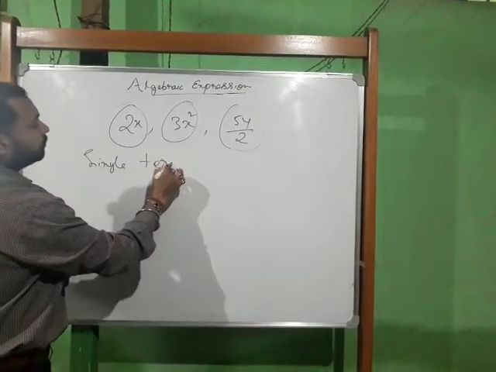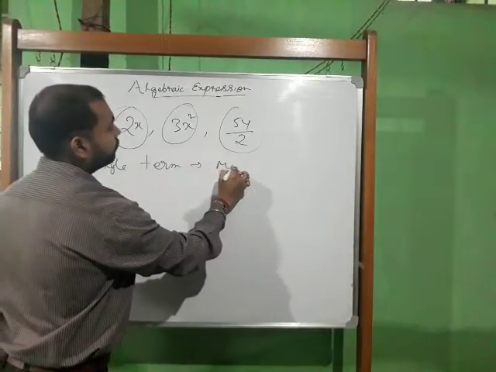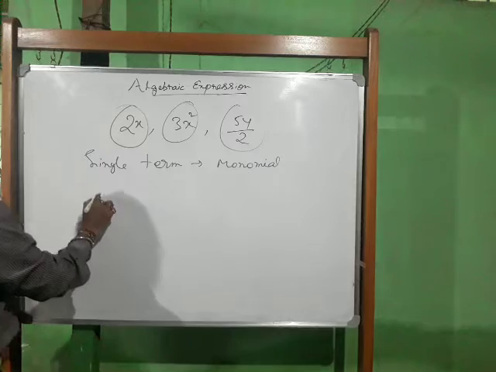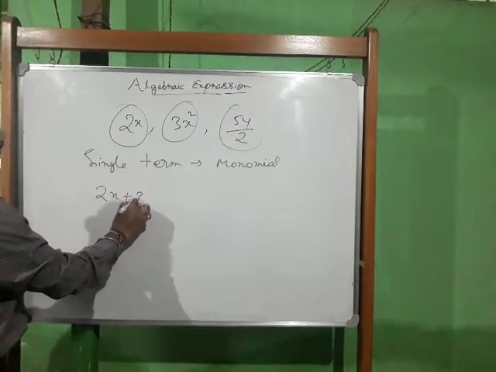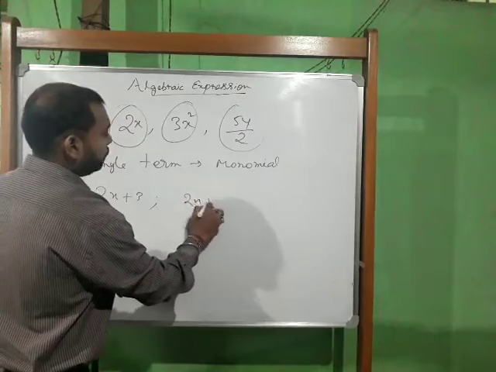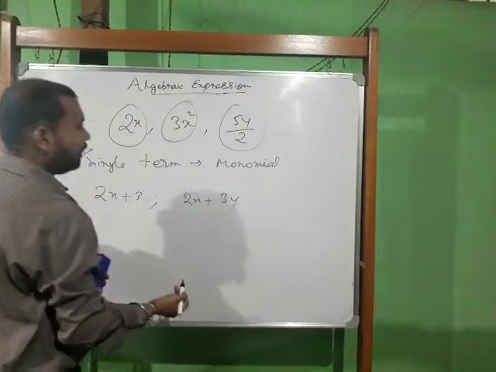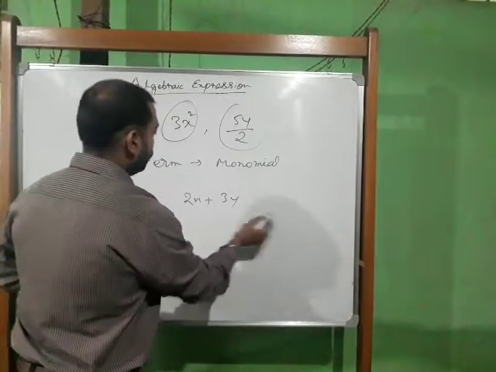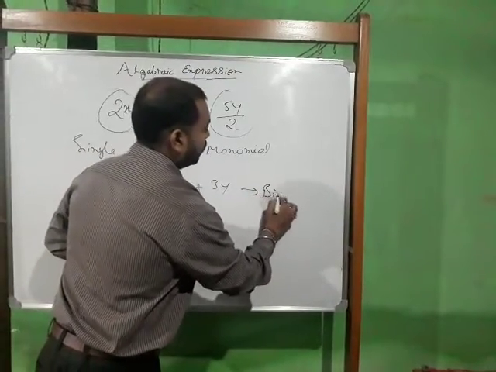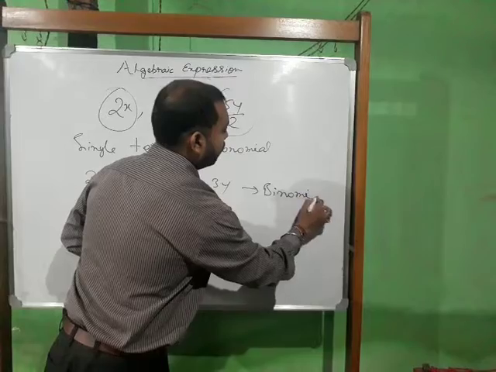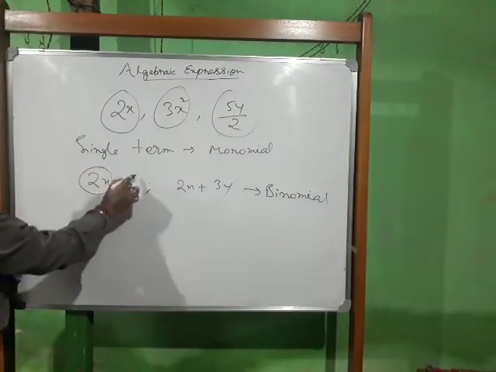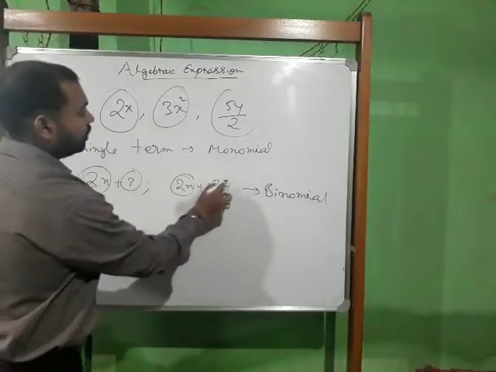Single term means monomial. If I write like this, 2x plus 3, or you can write 2x plus 3y, so this will become binomial. This all become binomial because there are two terms. This is one term, this is one term. Again this one, this one.